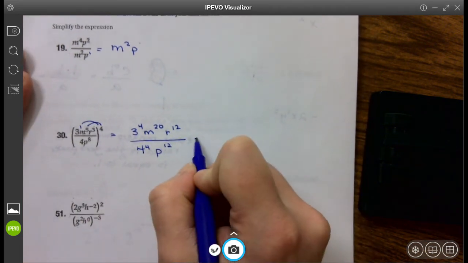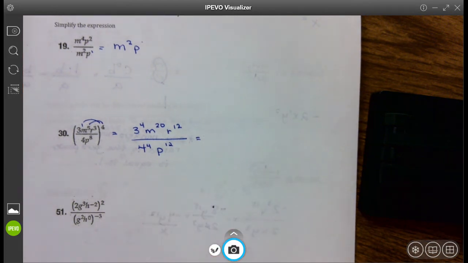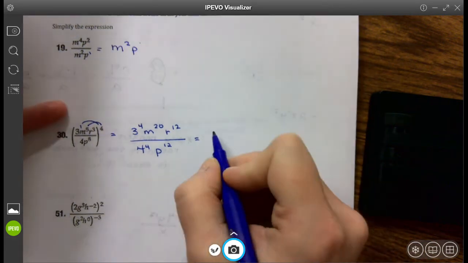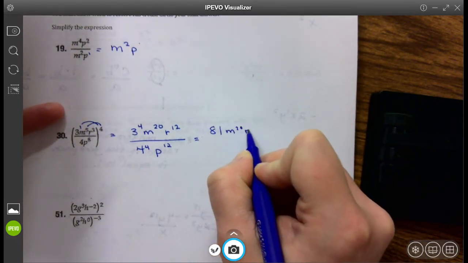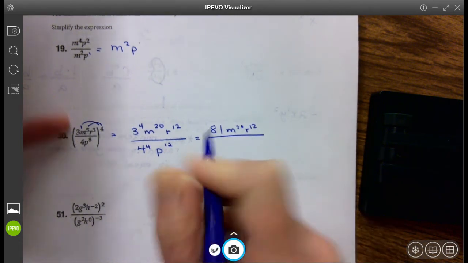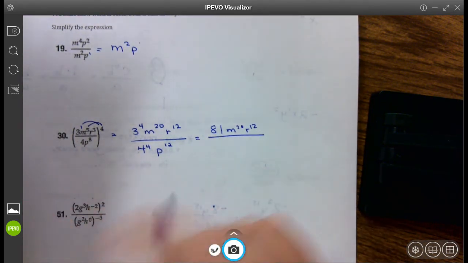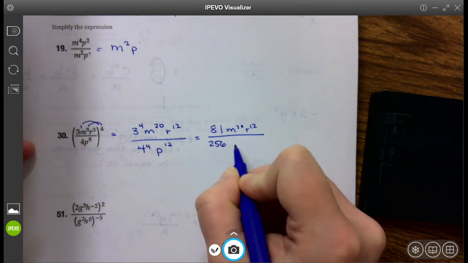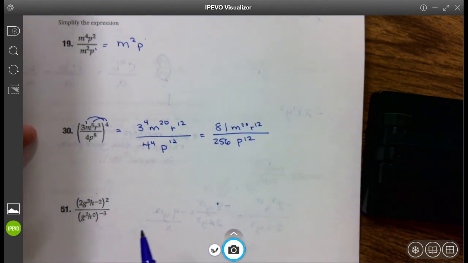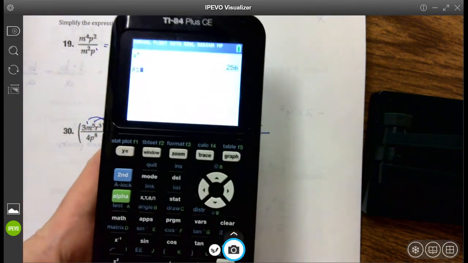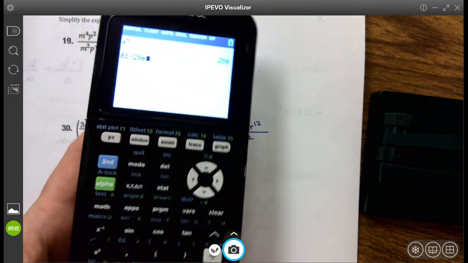Okay, everything is raised to a power. Now we're going to clean it up. 3 to the fourth, that's 3 times 3, 9, times another 3 times 3, 9, which is going to be 81, m to the 20th, r to the 12th, all over 4 to the fourth, which is 256, p to the 12th. They don't have the same base, so we're not going to subtract anything, but let's try this. 81 divided by 256.